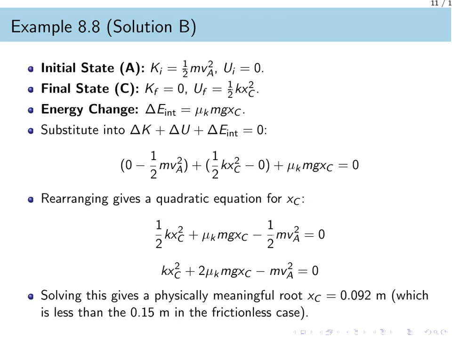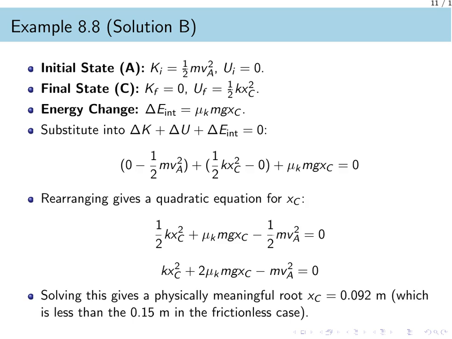To solve part B, we again define our initial and final states. They are the same as in part A. Initially, K initial is 1/2 m v sub A squared, and U initial is 0. In the final state, K final is 0, and U final is 1/2 k x sub c squared.